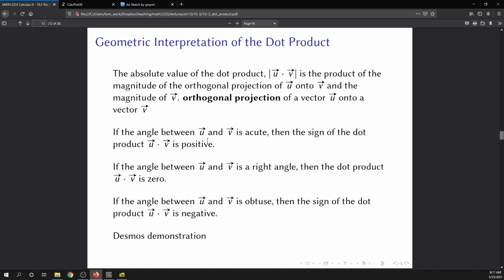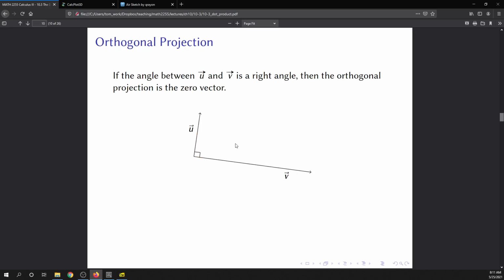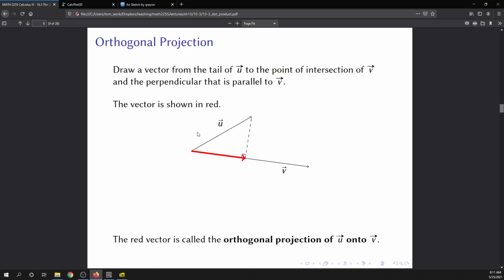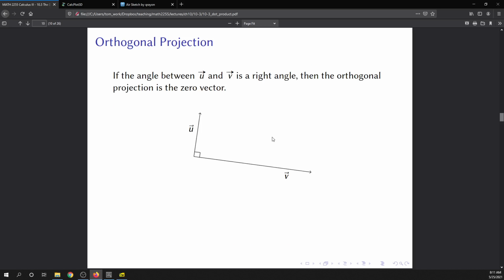And then it comes to the sign of the dot product. If the angle between u and v is acute, then the sign of the dot product is going to be a positive number, just like we saw in this situation here. The orthogonal projection is going to be pointing in the same direction as v, like that.